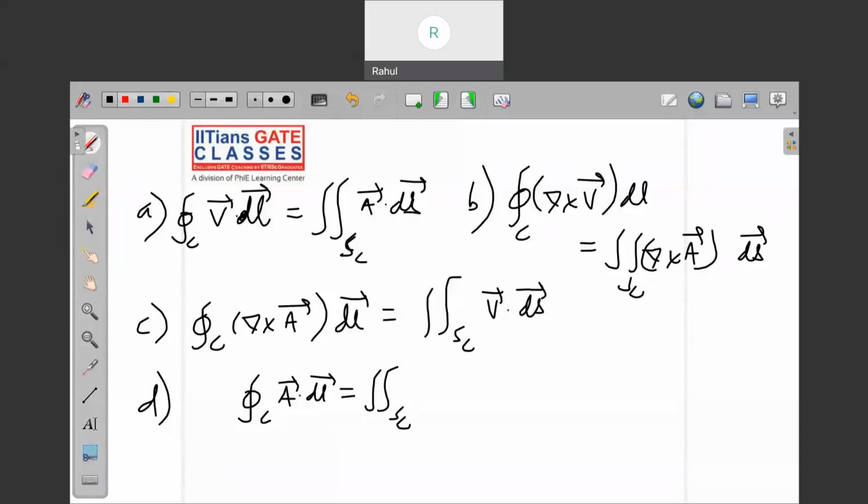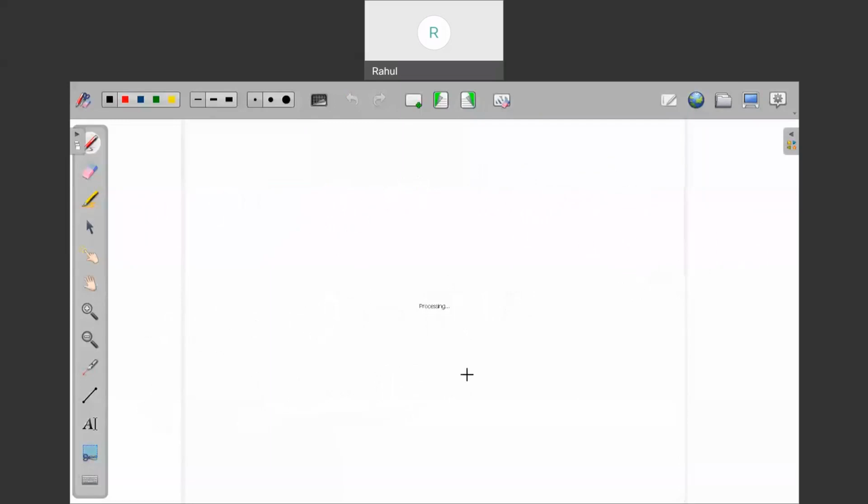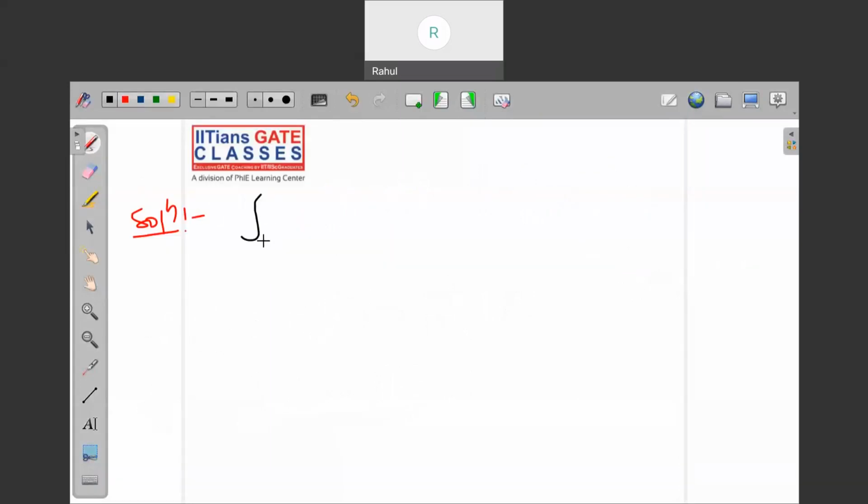From the Stokes theorem solution, what Stokes theorem says here is that the open surface, having the curl of that, is over a closed contour, you can say.